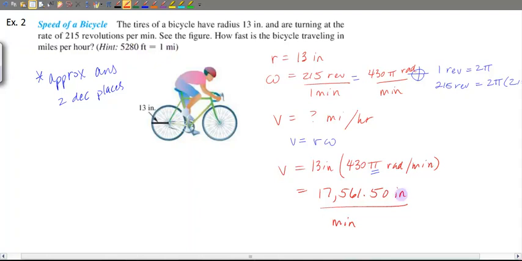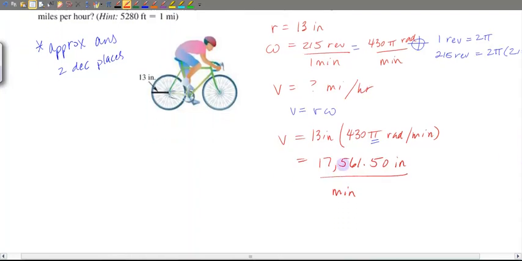So I can go from inches to feet to miles in a series of conversions. And then I'm also going to change from minutes into hours. So I'm going to start with my velocity that I found, 17,561.5 inches over 1 minute. And I write it as a fraction because that's how I'm going to start canceling things out.